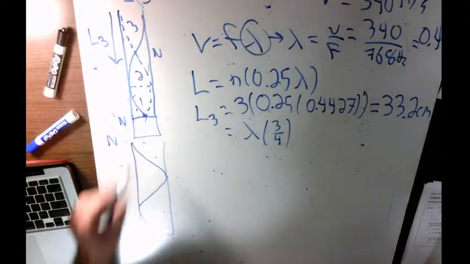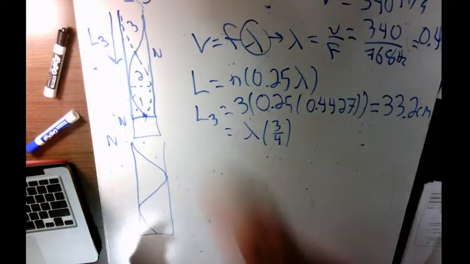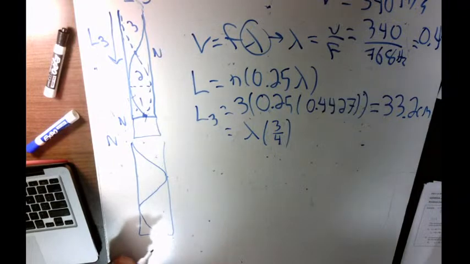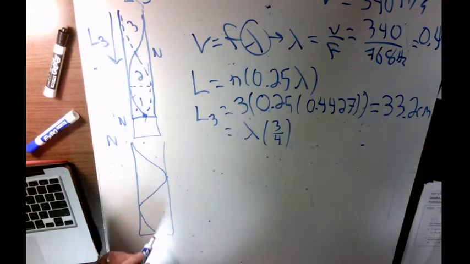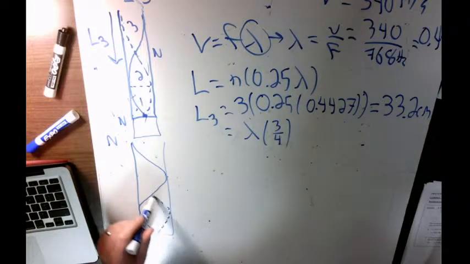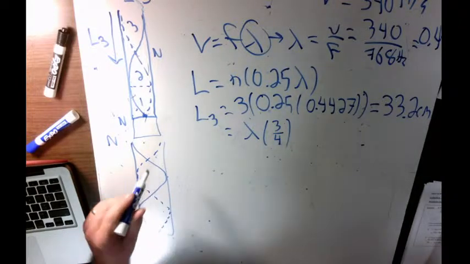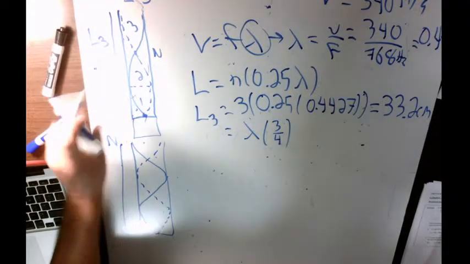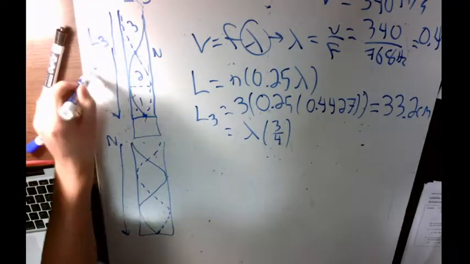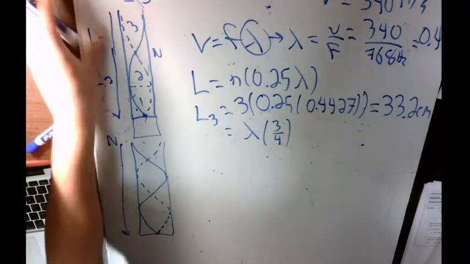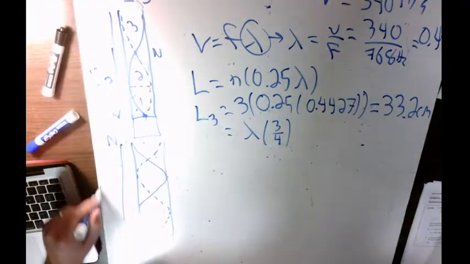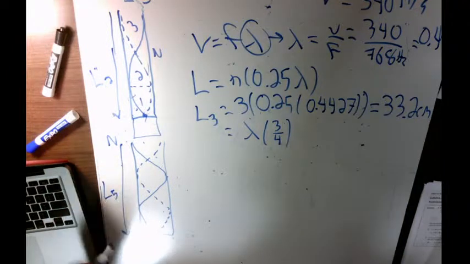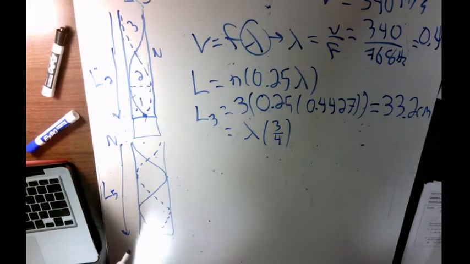I'm not actually squishing my wavelength, because the wavelength of the sound in this air with this frequency is always going to be a constant 44 centimeters. So I've lengthened it. L3 would be to the bottom there. L5 is going to be a little bit longer so that we can fit that extra half wavelength in.